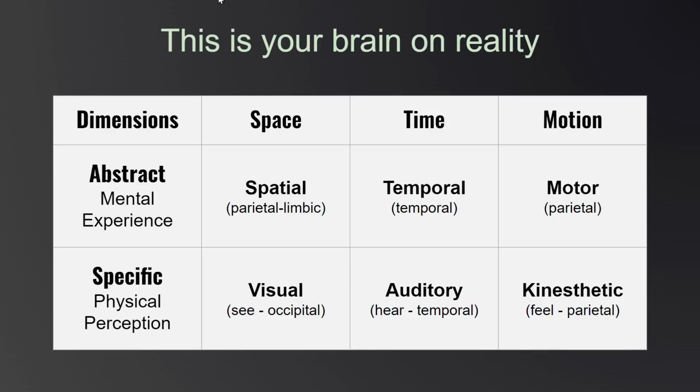But what happens is, space, we see visually. So you look around and instantly you see the spatial relationships going on. Time: when you hear a car going by and the music gets louder and louder, as well as the pitch changing before it passes you and after it passes you, you hear things.